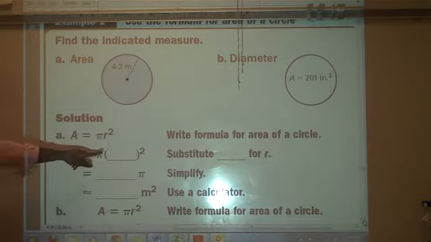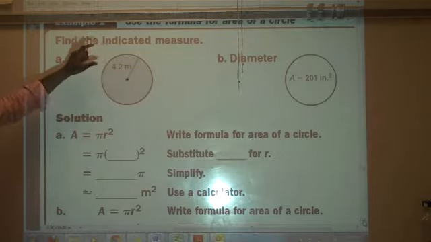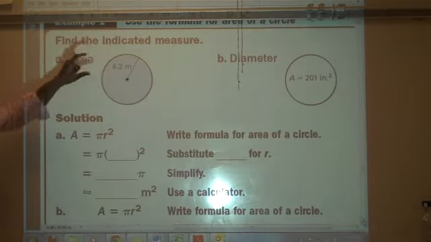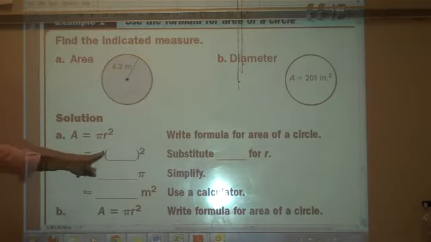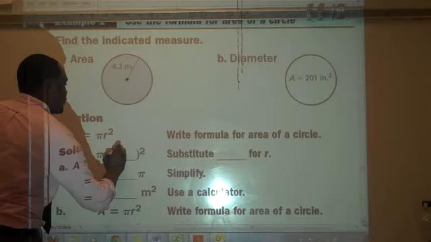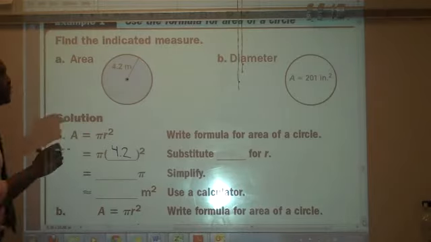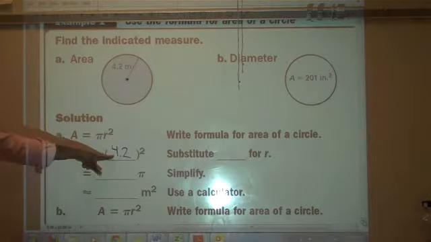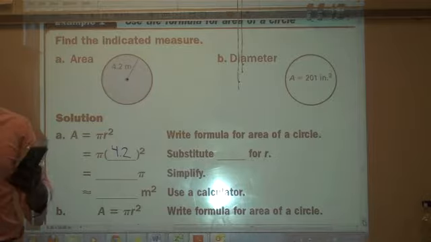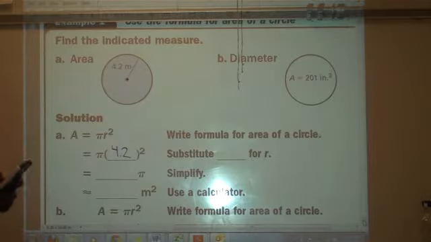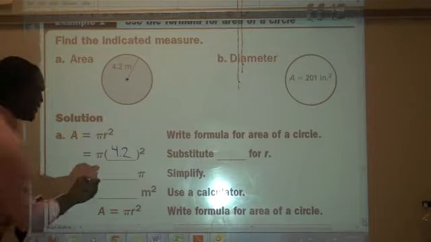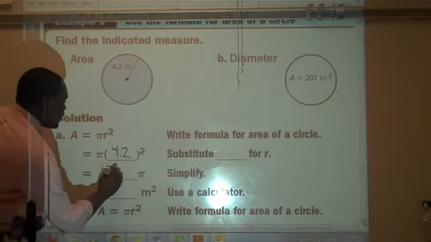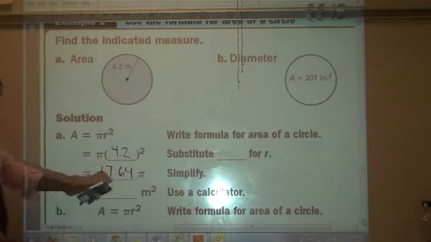So, instead of saying pi r squared, we know that our radius is 4.2 meters, so I can say pi times 4.2 squared. Now, order of operations. I cannot multiply pi times 4.2 until I square the 4.2 first. So, I'm going to do 4.2 squared in my calculator, and now I get 17.64 times pi.